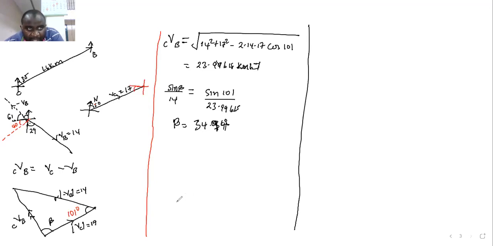If this was going this side, then perhaps to make it 100, it should have been going somewhere around this one, so that I can analyze this in this form. To make this 34.94, then the whole of this one now is 101. Then our relative velocity should be acting somewhere around there, with this as 14, with this as 17.